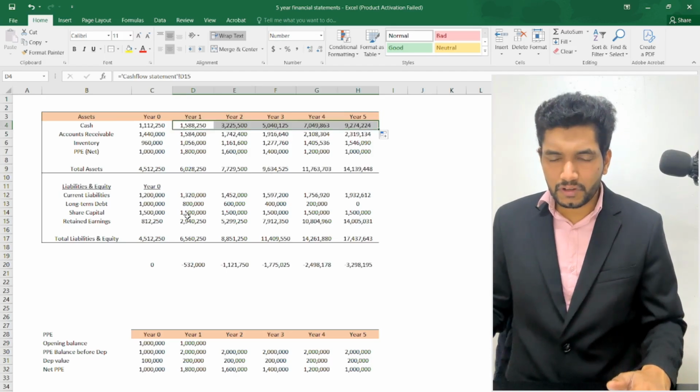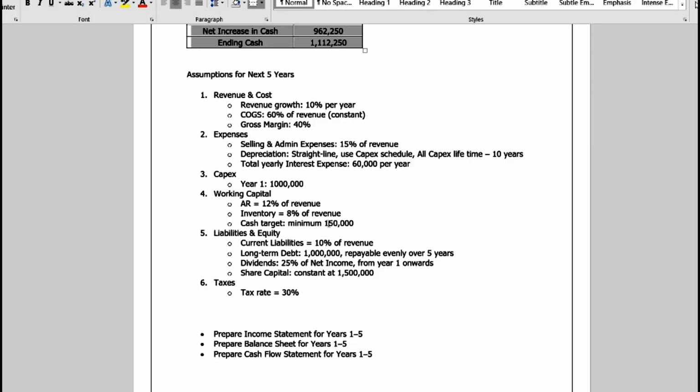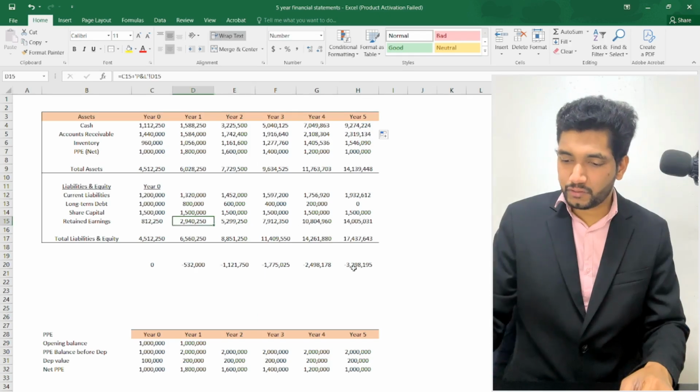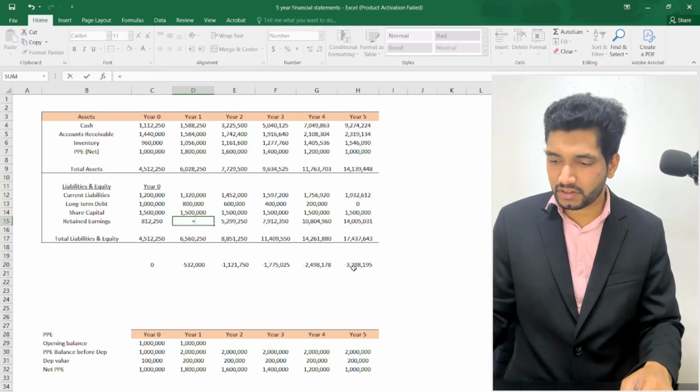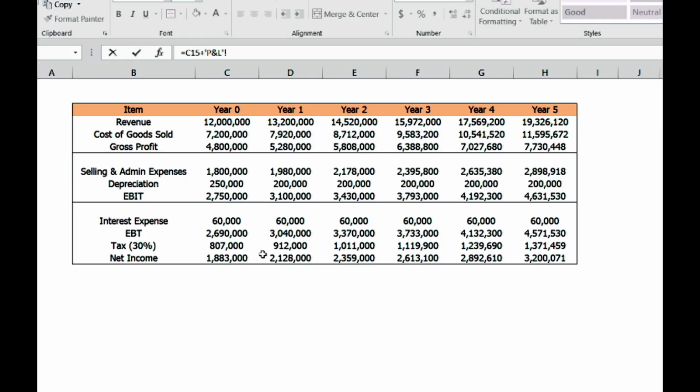Here are the retained earnings. We made a mistake previously. We took the complete profit as retained earnings, but it is already mentioned that 25% is paid as dividend. So it is only the 75%. So I'm just changing the formula here: the previous retained earnings plus, going to the income statement, net income into 75%.